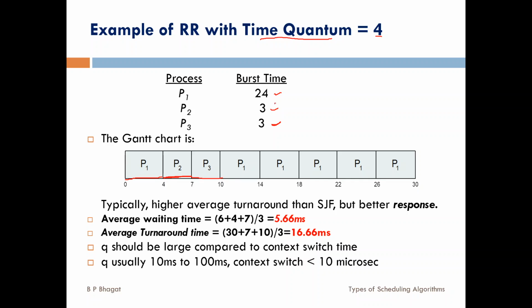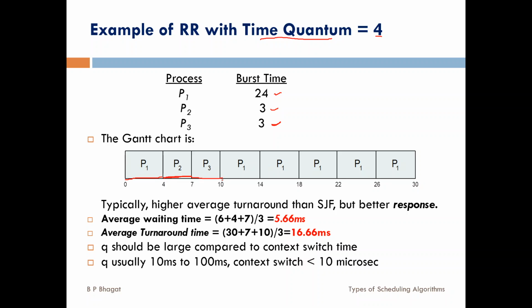CPU again to the process P1, because now we can see that P2 and P3 have completed their execution. Now the remaining process is P1 with remaining burst time 20.